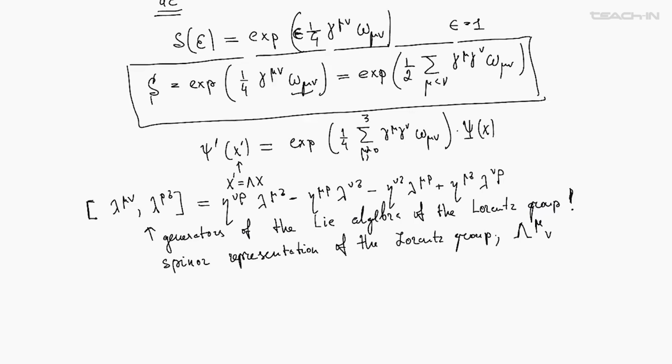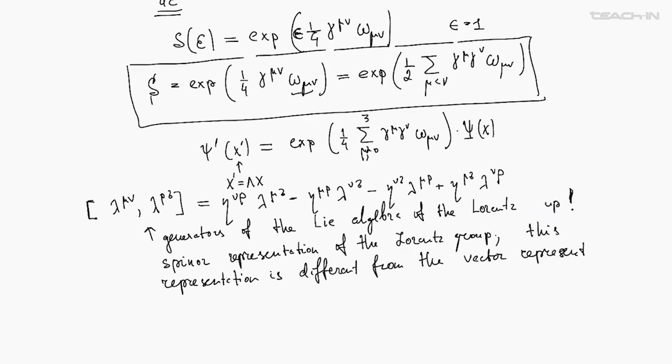Let me write explicitly that this representation is different from the vector representation acting on coordinates x mu with the help of lambda mu nu.